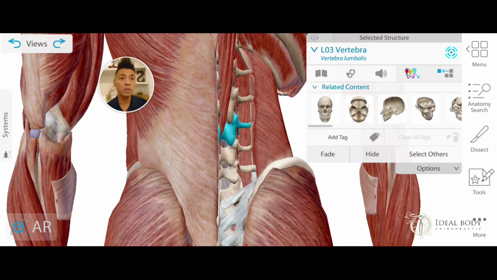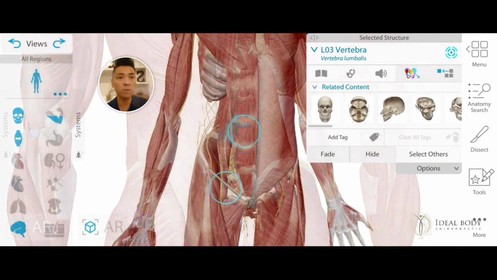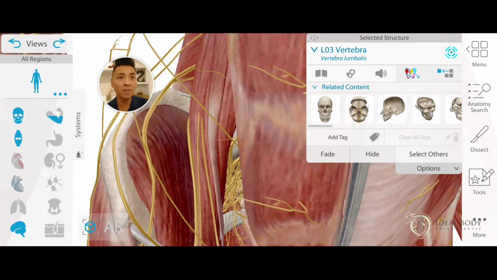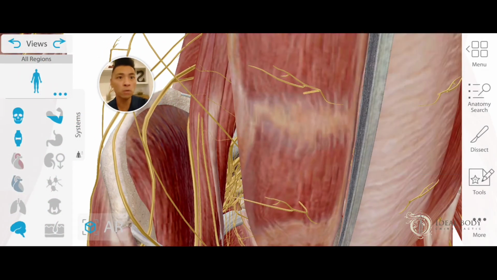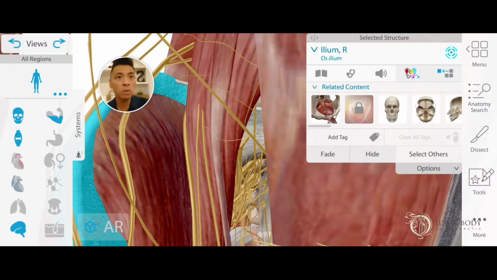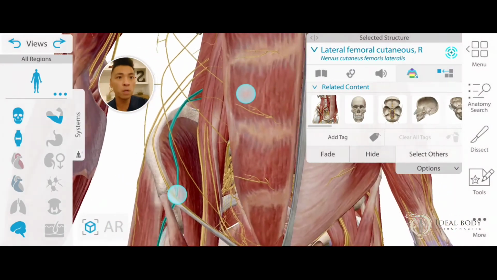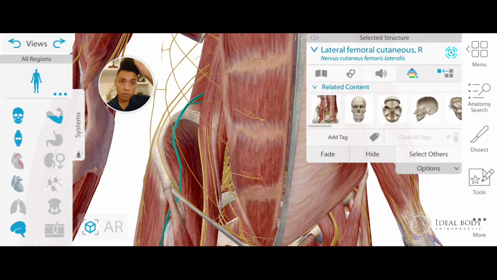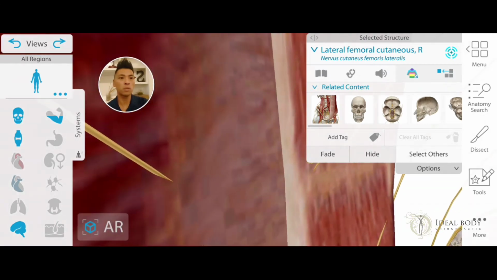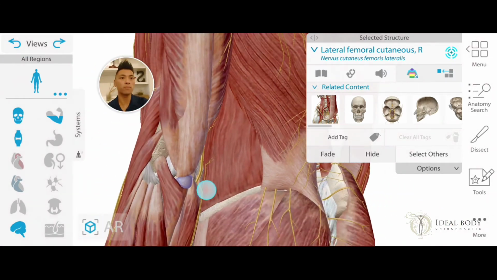Some important neighboring structures to the quadratus lumborum. The first one being a nerve called the lateral femoral cutaneous nerve. That nerve is highlighted in blue on your screen now, and as you can see, it lies in front of that quadratus lumborum muscle. Again, let me rotate it towards the back, zoom out.